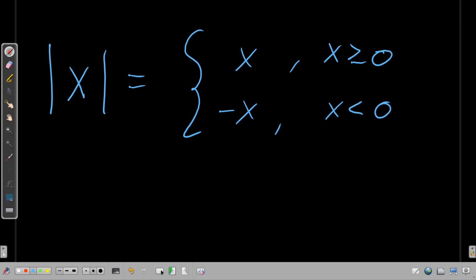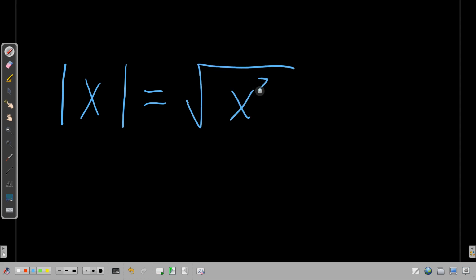And this is a perfectly fine definition of absolute value. However, there's another one, which is that the absolute value of x is equal to the square root of x squared.